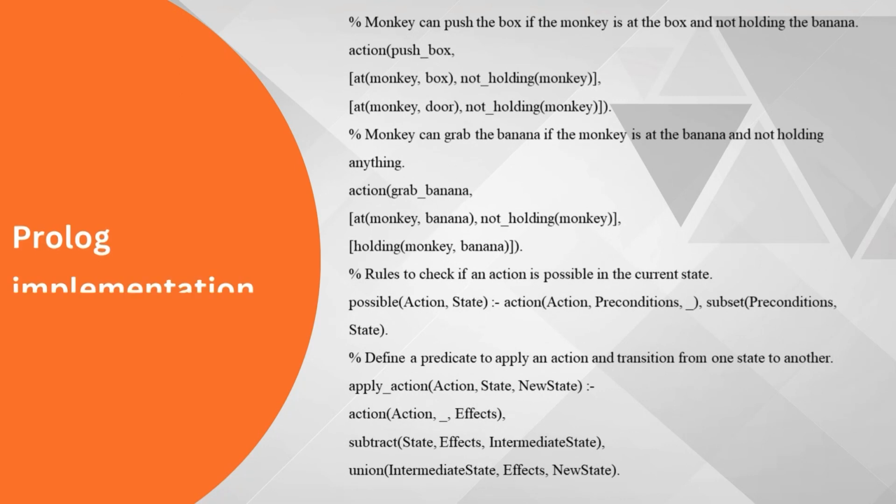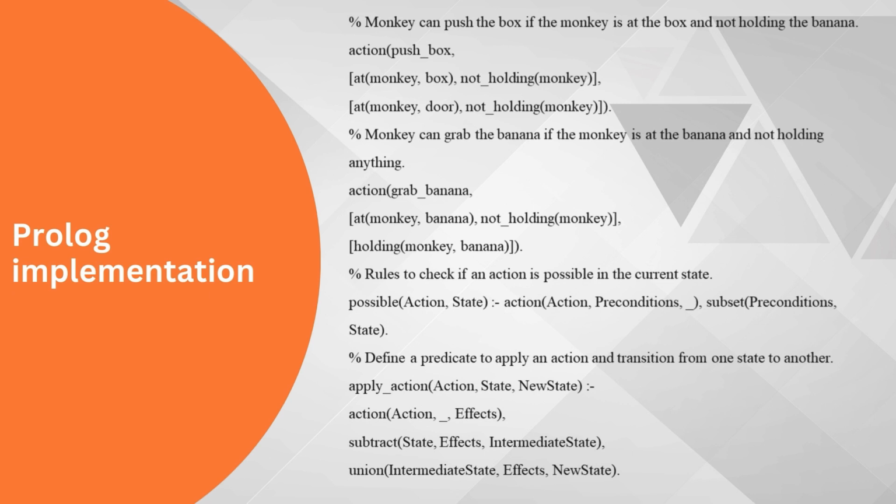Now, monkey can push the box if the monkey is at the box and not holding the banana. So, action is push box, comma, at monkey, comma, box not holding monkey, at monkey door not holding monkey. Monkey can grab the banana if the monkey is at the banana and not holding anything.